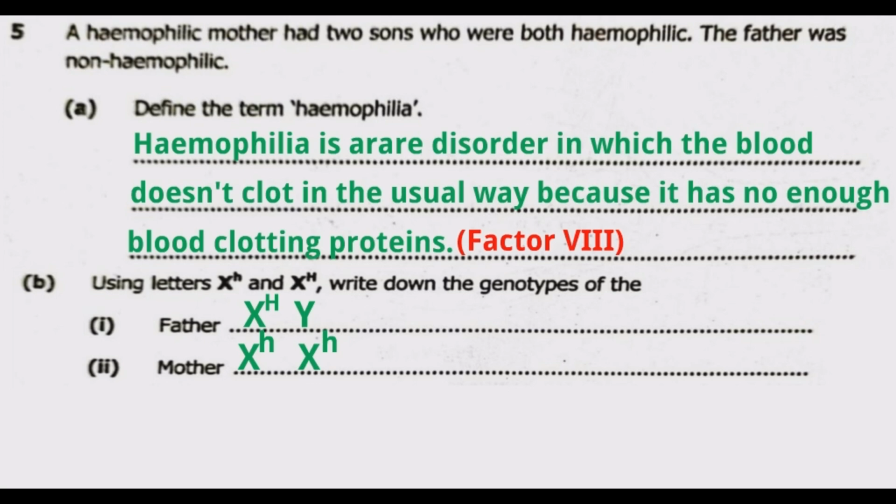Basically that's how you can write the genotype of the parents. Now copy these genotypes of the father and the mother and write them on paper, because when we're answering question 6, we're going to use them.